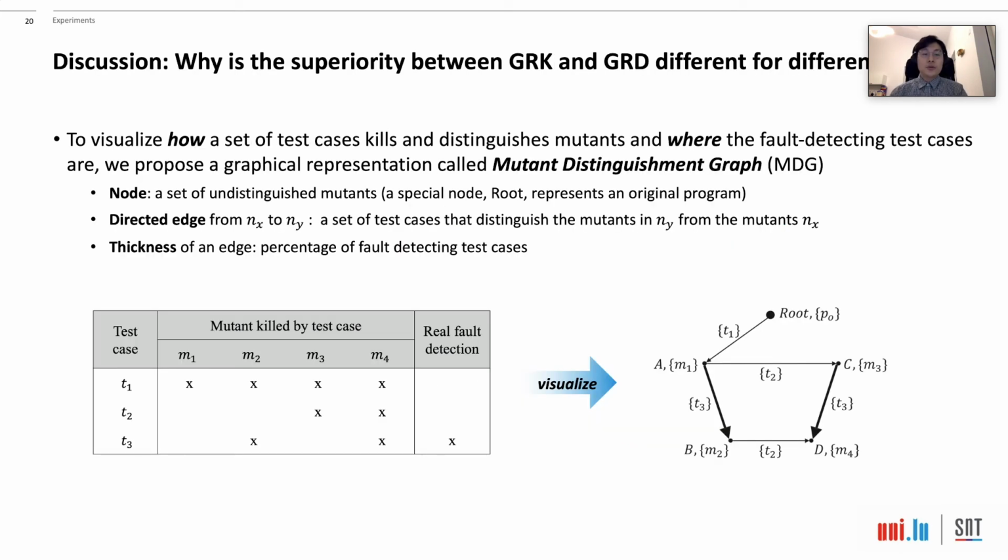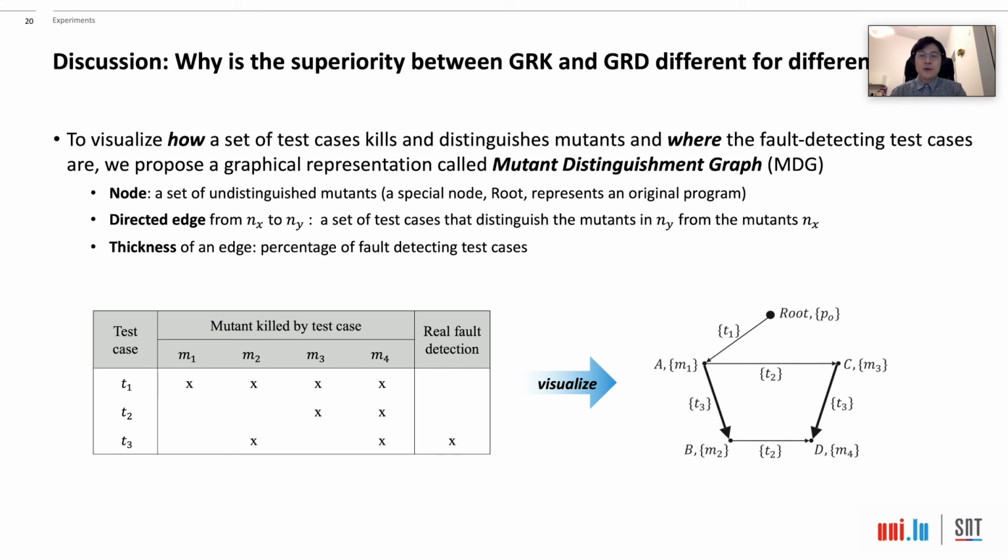Before concluding the experiment, we investigated why the superiority between GRK and GRD varies a lot for different faults. Specifically, to visualize how a set of test cases kills and distinguishes the mutants and where the fault detection test cases are, we propose a graphical representation called mutant distinguishment graph, in short, MDG.